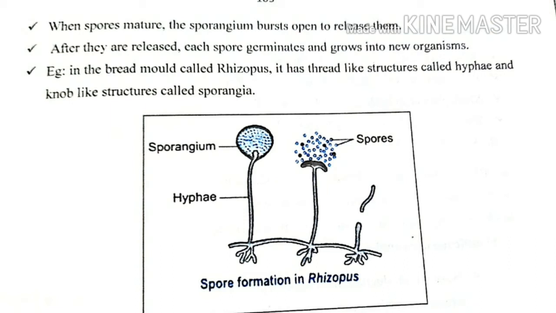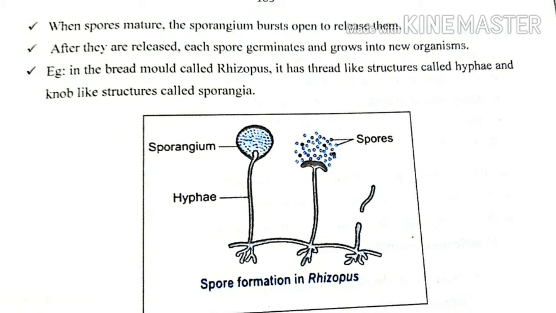Now when the spores mature, the sporangium will burst open to release these spores. After they are released, each spore will germinate and grow into a new organism. So that is how the spores are acting as reproductive structures.